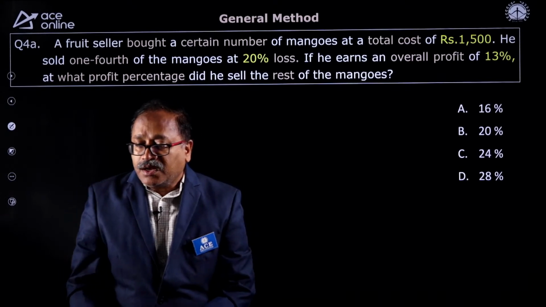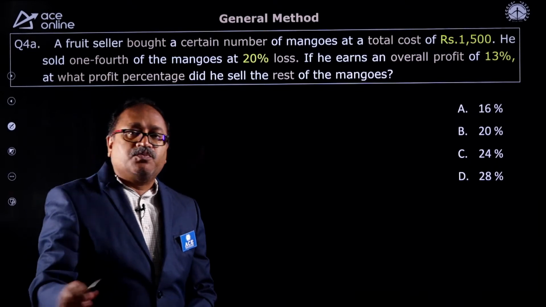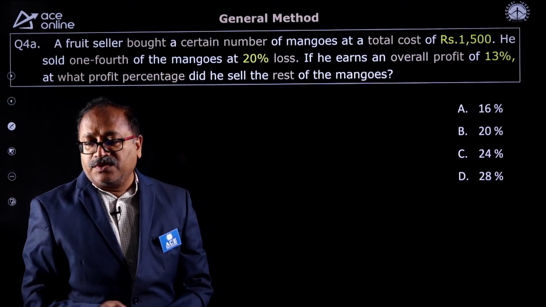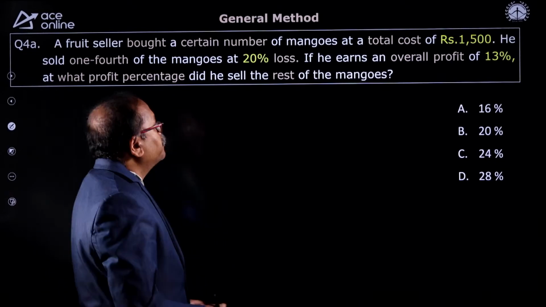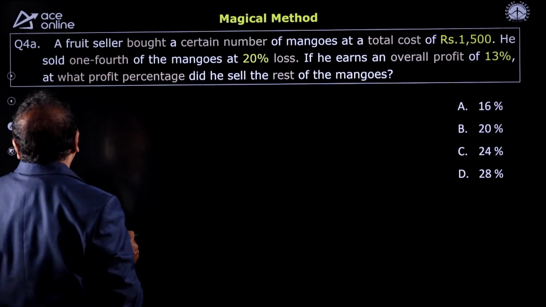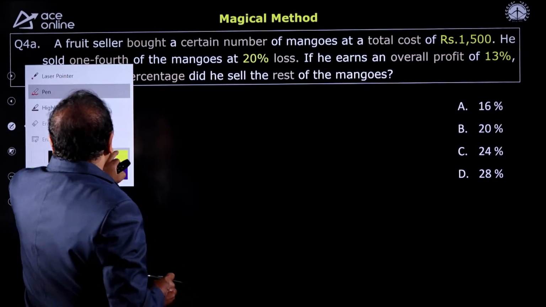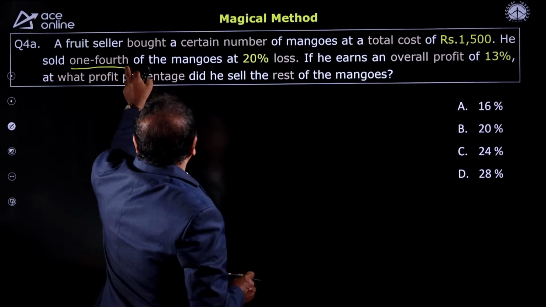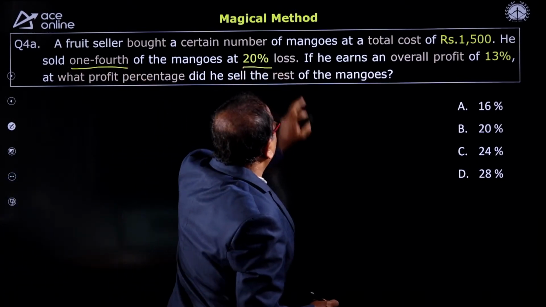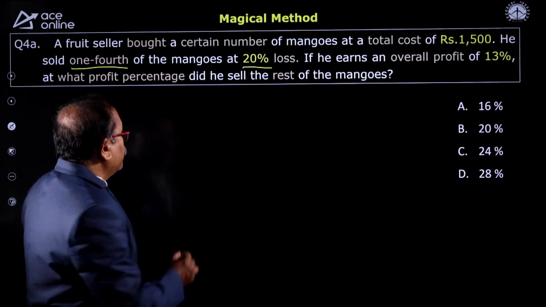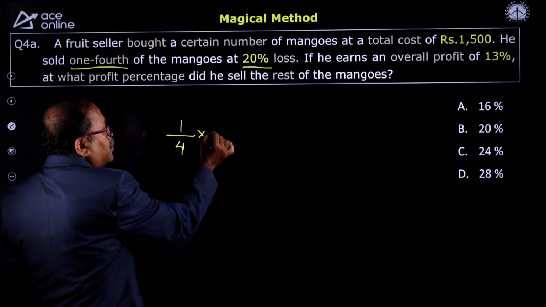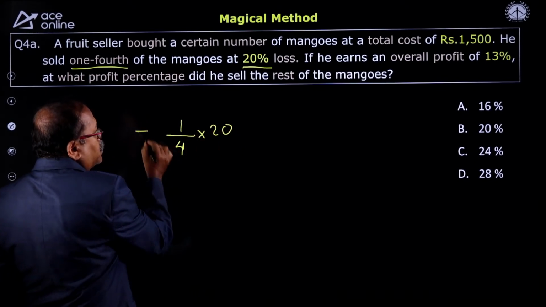Okay. Can I directly answer the question with the best possible method? I'll answer this question with the best possible method, this magical method. Here 1/4 is sold at 20% loss, so I will directly take 1/4 at minus 20.